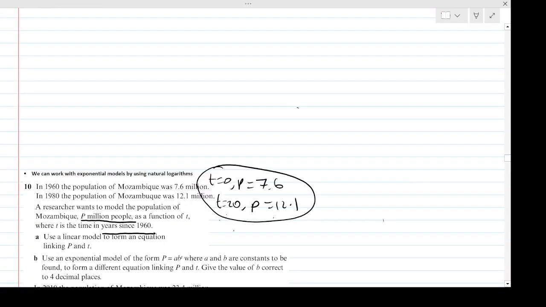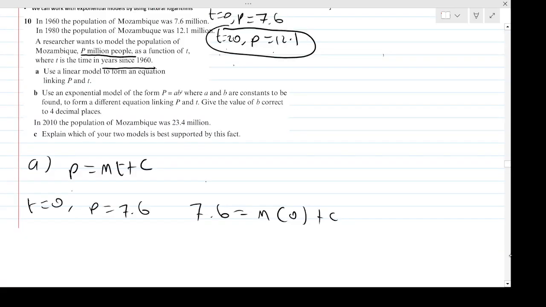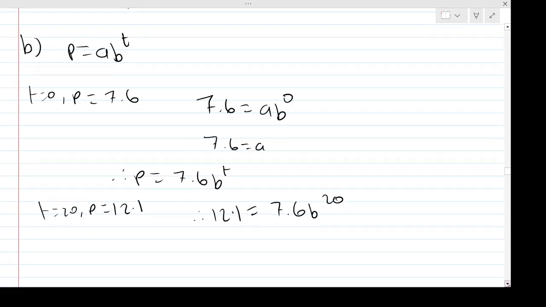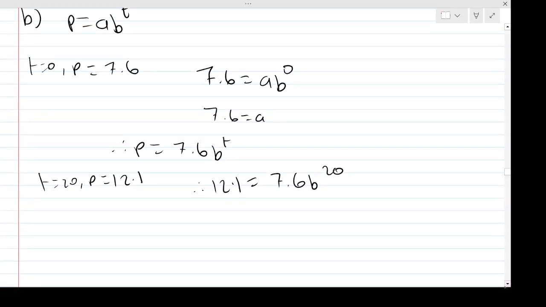But remember, I'm also given this here. When t is 20, P is 12.1. So if I sub that in, that means 12.1 for P is 7.6 b to the 20. Now I need to find b. This is where logs are going to kick in. Firstly, I can say that b to the 20, if I divide by 7.6, is 12.1 divided by 7.6.